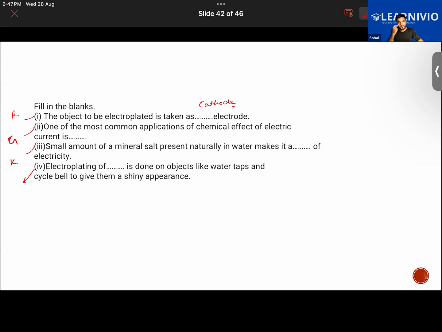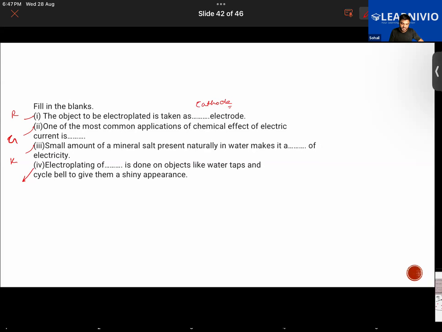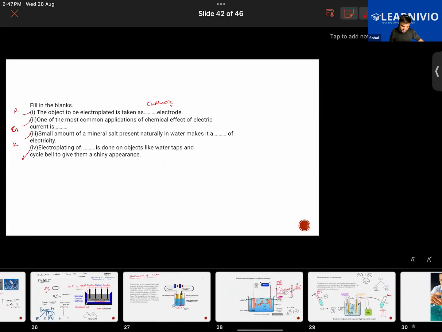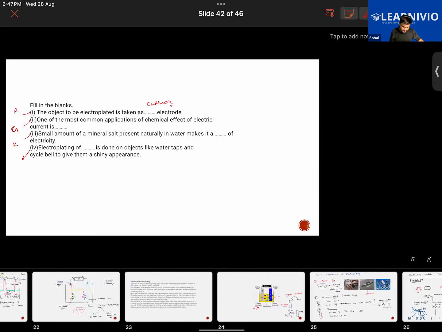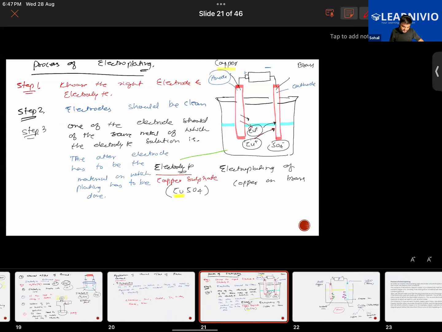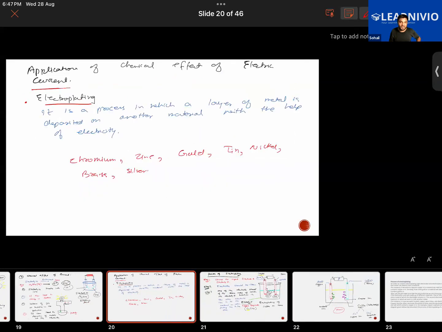Anyone else? Guys, we have learned about various applications of electrolysis. What were all these things? What was this, electroplating? Is this not one application of the chemical effect of electric current?